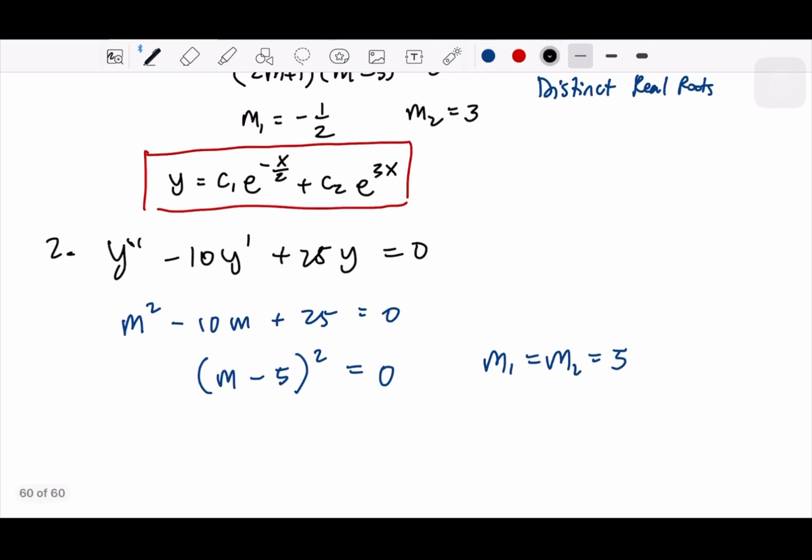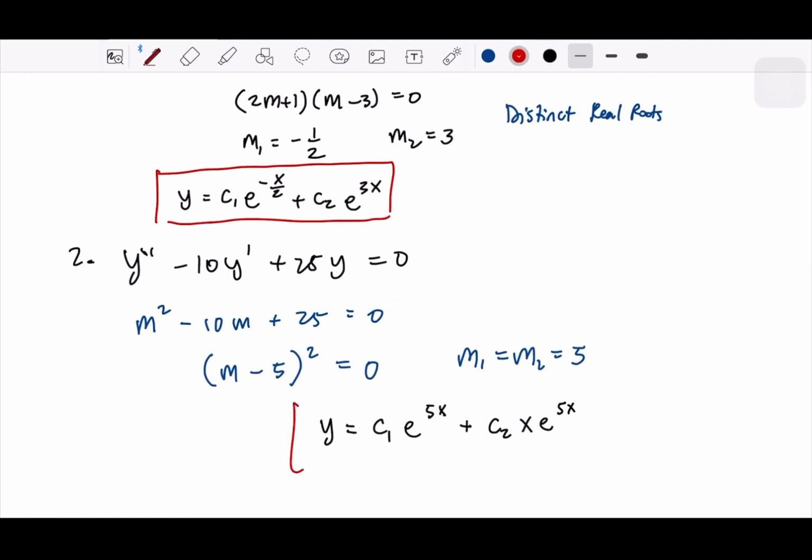So we are going to have the general solution y equals c1 e to the 5x, and the second one will be c2 x e to the 5x. So this is the general solution.